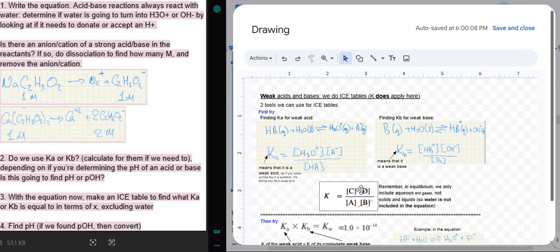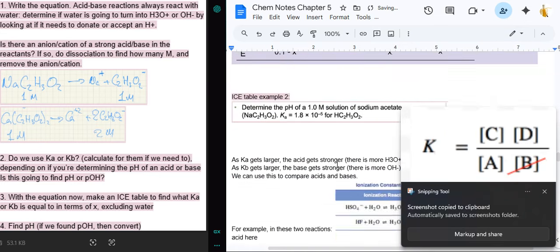So, can we use this equation? Well, let's plug in everything first. So, let's go back here to our question.